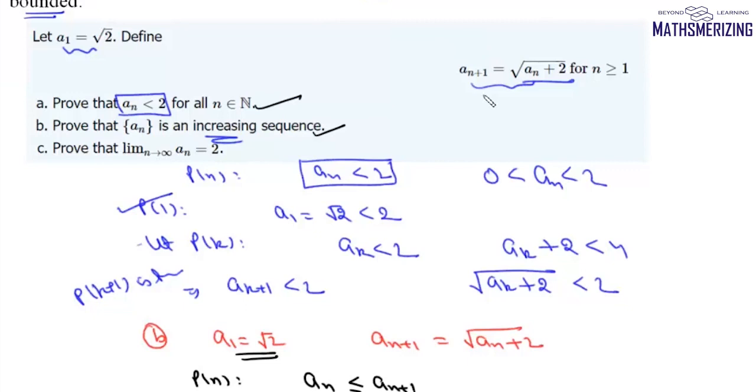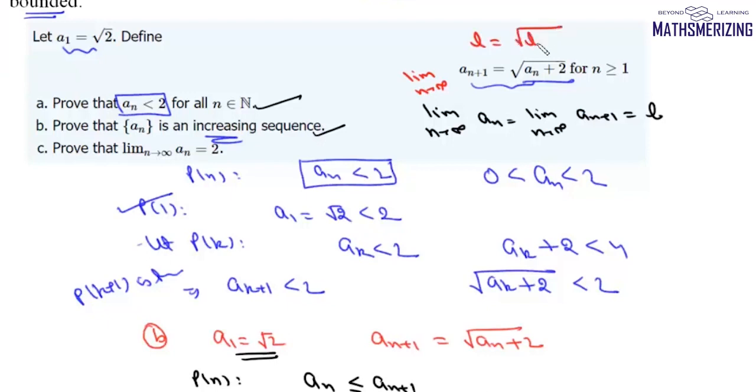Since we know that the sequence is convergent, the limit as n tends to infinity of an will be equal to the limit as n tends to infinity of an plus 1, and this is say L. Now in this recurrence relation, we take the limit as n tends to infinity on both sides. So we can write L equals under root of L plus 2, that is L square minus L minus 2 equals 0.